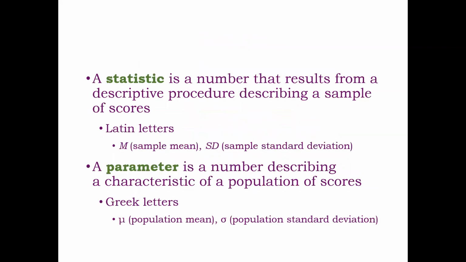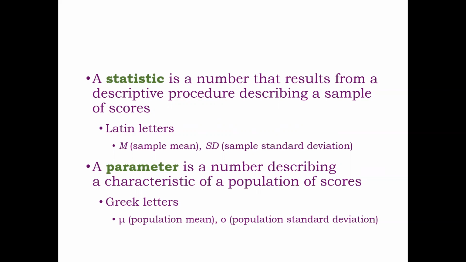A statistic is a number that results from a descriptive procedure describing a sample. We use Latin letters to signify statistics. M means sample mean, SD means sample standard deviation, and they are italicized. A parameter is a number that describes a characteristic of the population. We use Greek letters to signify parameters.